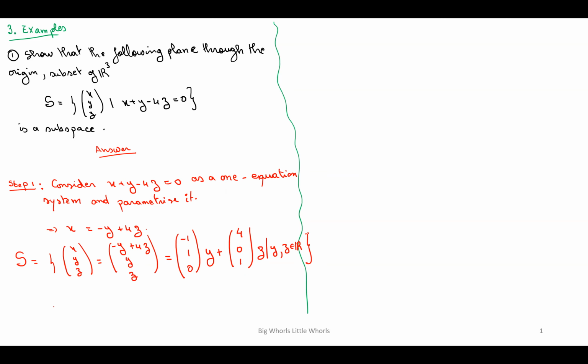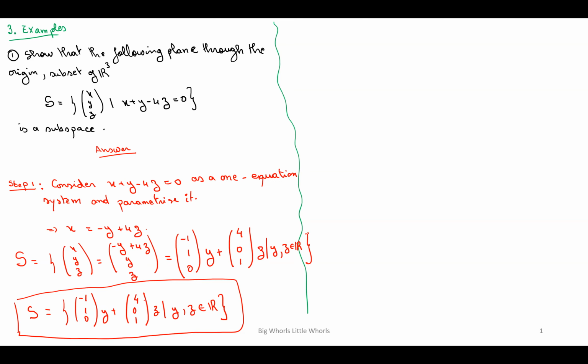So our set can be rewritten as (minus 1, 1, 0) y plus (4, 0, 1) z such that y and z are free, elements of R. That's S. So we have rewritten S.